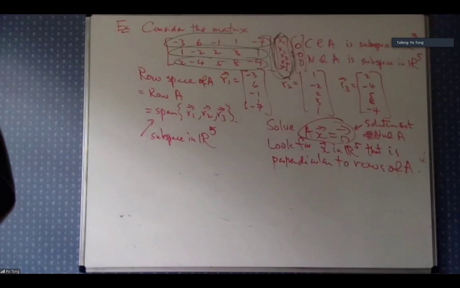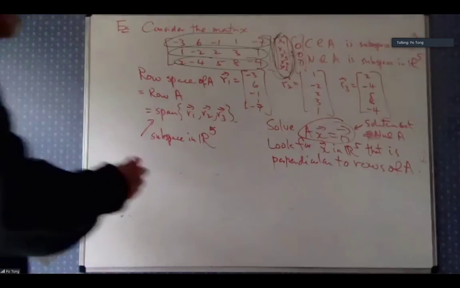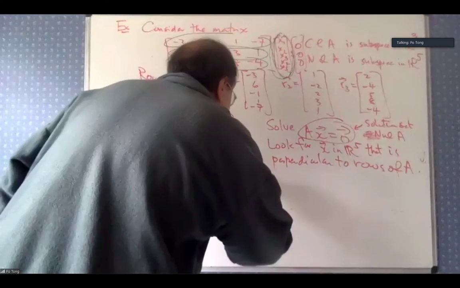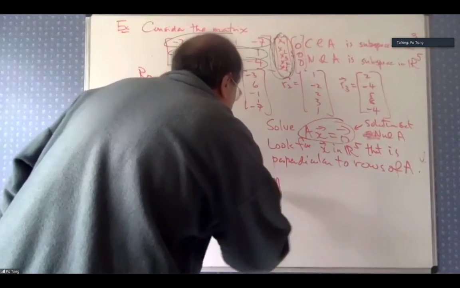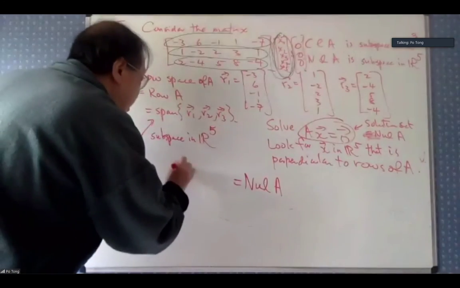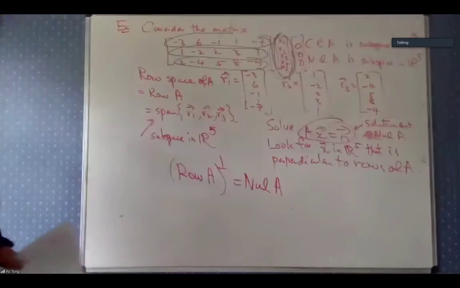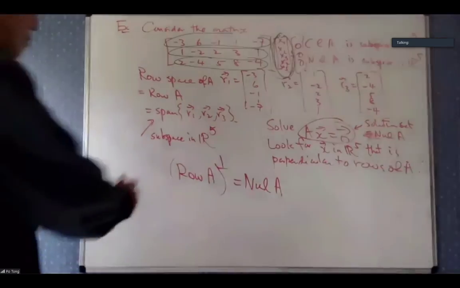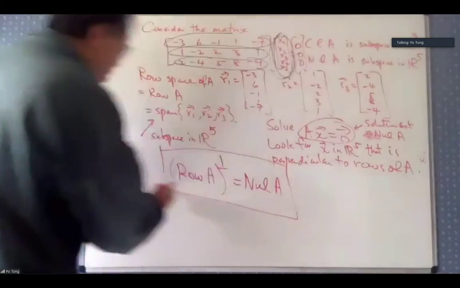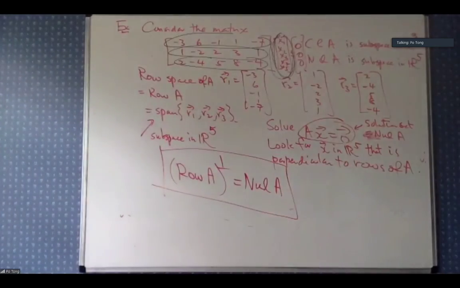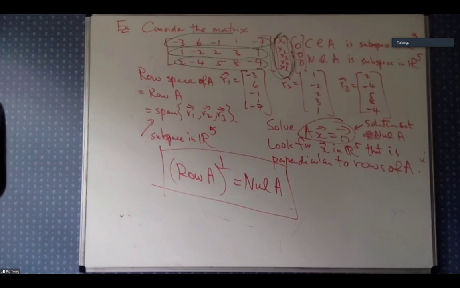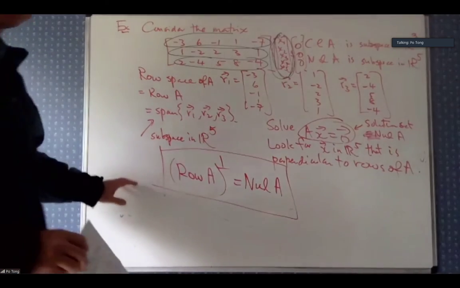So what I have just explained to you, okay, the null space of A, I just explained to you this. The null space of A consists of all the vectors that are perpendicular to the rows of A. Null space of A is the perp of the row space of A. Okay, we finally get to something that is more interesting.